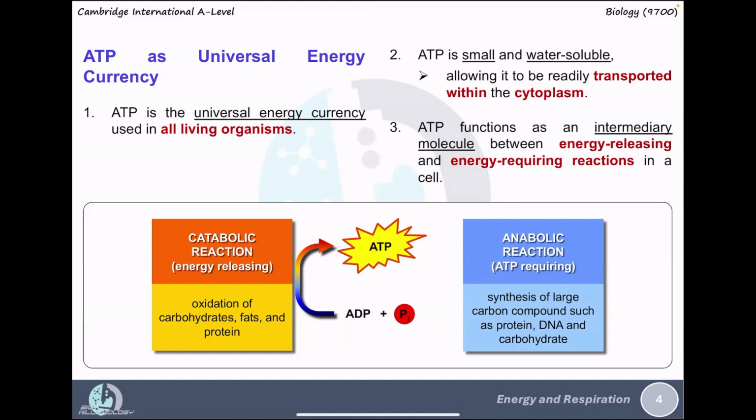Therefore, we can capture the energy released by the catabolic reaction. On the other hand, when anabolic reactions take place, energy is required, so hydrolysis of ATP releases energy for the anabolic reaction. So ATP is a suitable intermediary molecule between the energy releasing and energy requiring reactions in a cell.